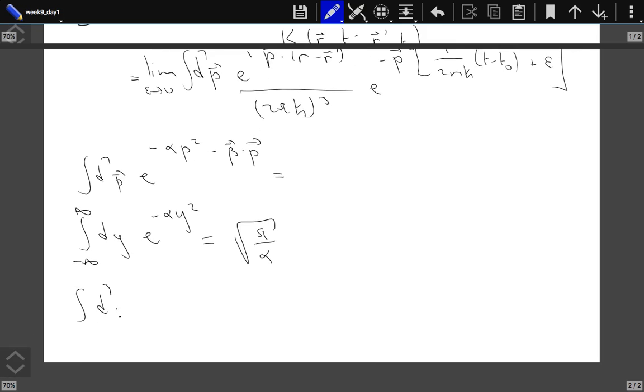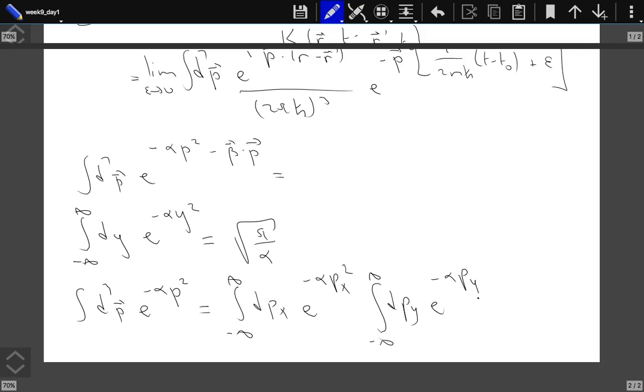If you have a three-dimensional integral of this form, it is equal to the integral of dp_x from minus infinity to infinity, e to the power minus alpha p_x squared, times dp_y, e to the power minus alpha p_y squared, times dp_z, e to the power minus alpha p_z squared.